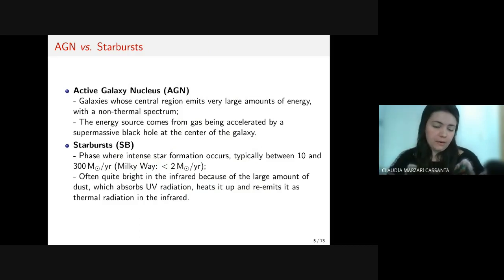To compare, our galaxy Milky Way has a rate of star formation less than 2 solar masses per year. Starbursts are often quite bright in the infrared because of the large amounts of dust, which absorbs ultraviolet radiation, heats up, and re-emits it as thermal radiation in the infrared.